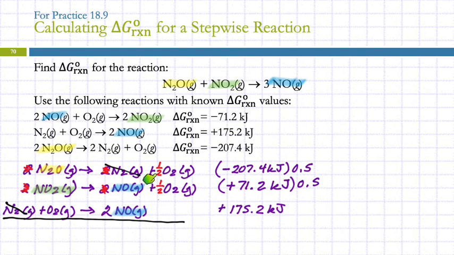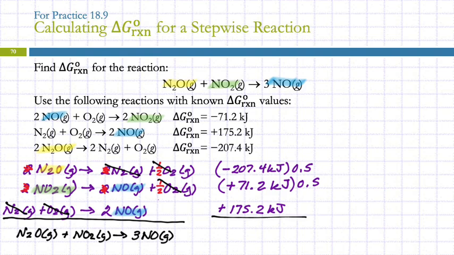I have a combined 1 mole of oxygen and 1 mole of oxygen, so those are going to cancel out. So I'm going to end up with N2O gas plus NO2 gas, making 3NO gas.